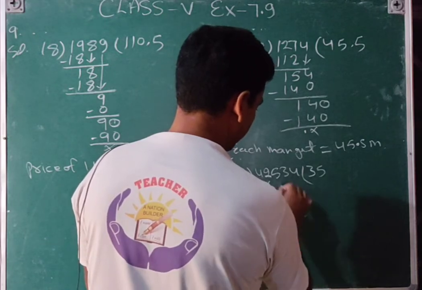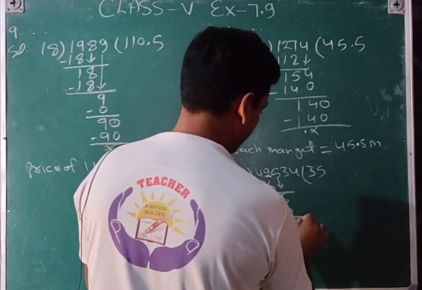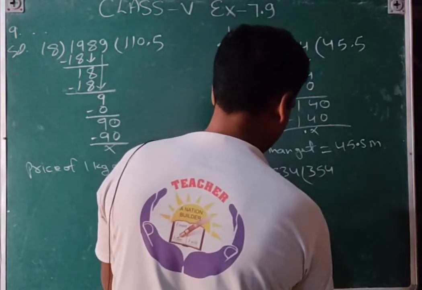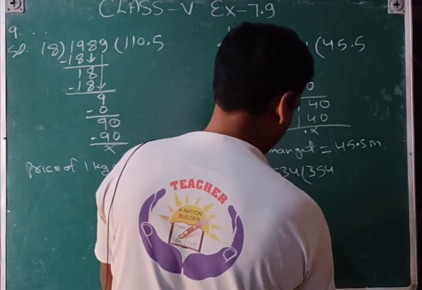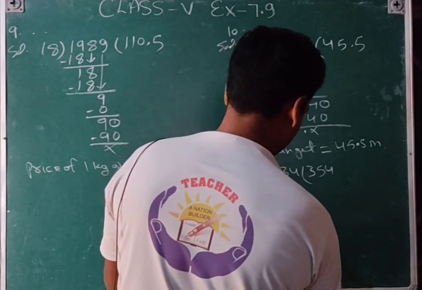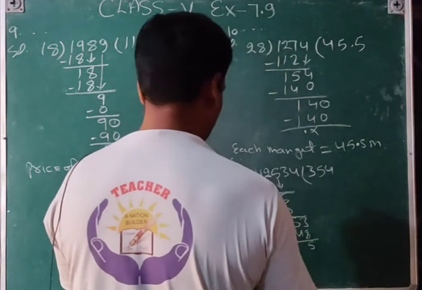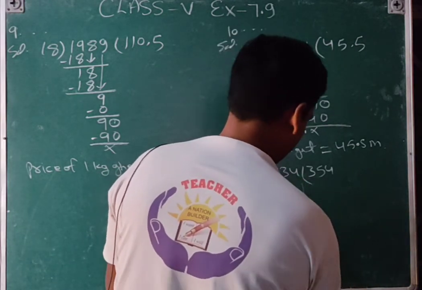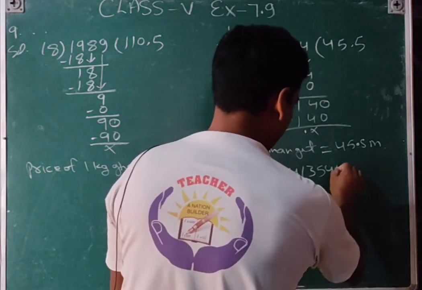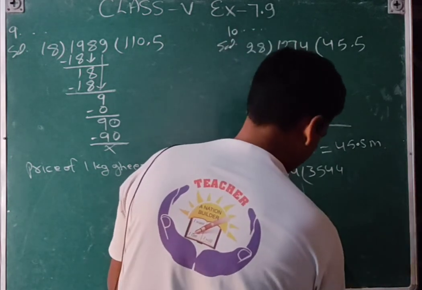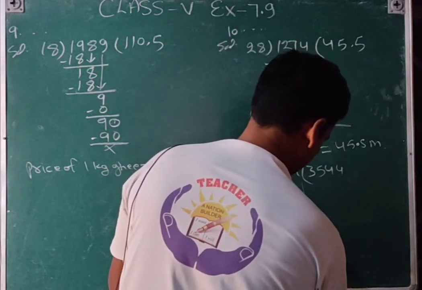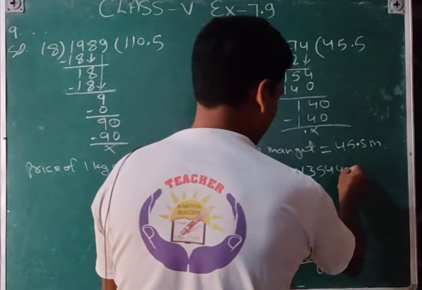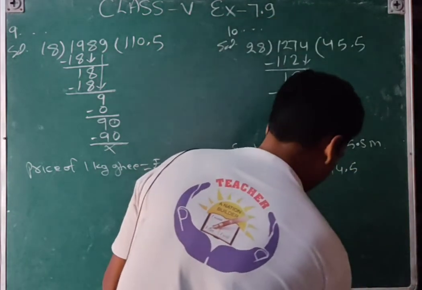So that will be 12 threes are 36, and then 6 is left, 12 fives are 60, and then 5 is left, 3, 12 fours are 48, and then left is 5, and then next digit is 4, 12 fours are 48, and then 6 is left, that will be 60 by decimal, 12 fives are 60.